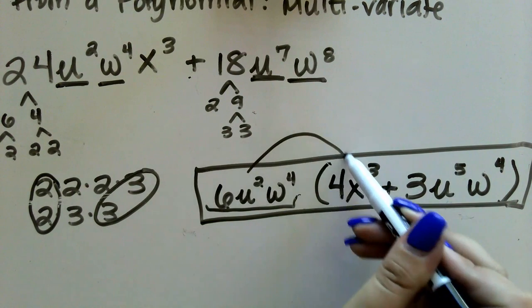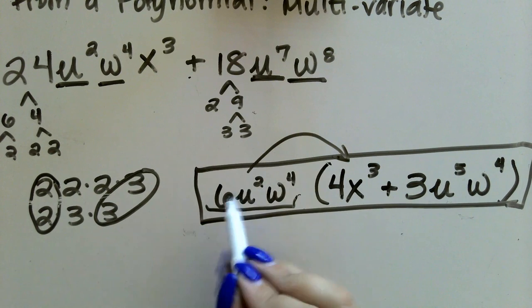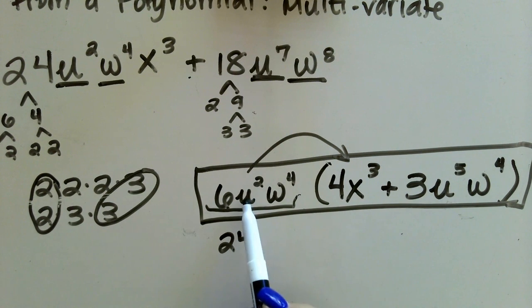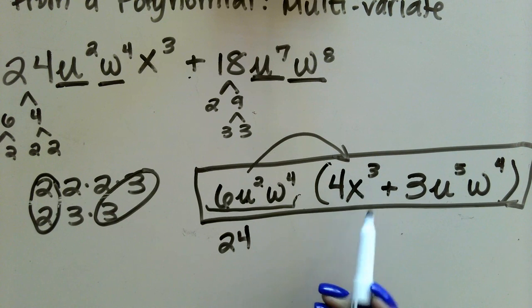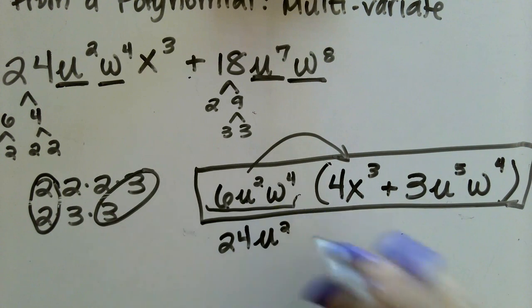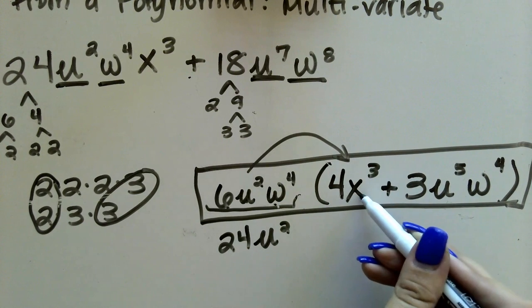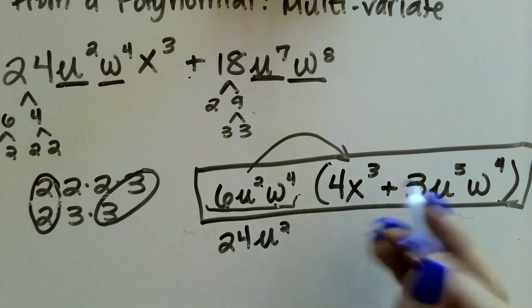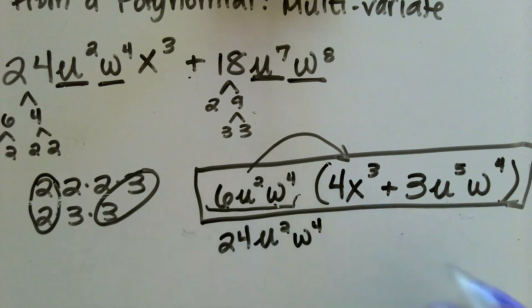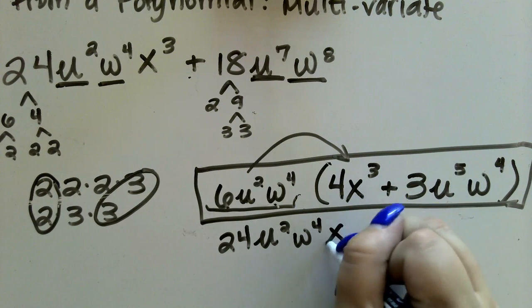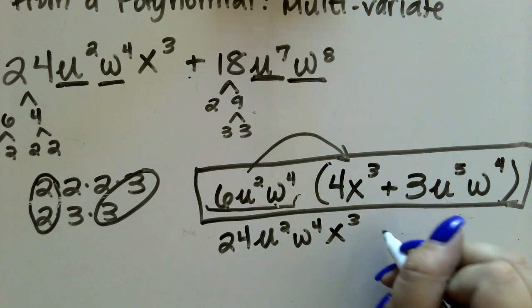So going backwards, 6 times 4 is 24, u to the second, times w to the fourth. No other w's, so we just leave it as w to the fourth. And there's already this x to the third there, multiplying it together.